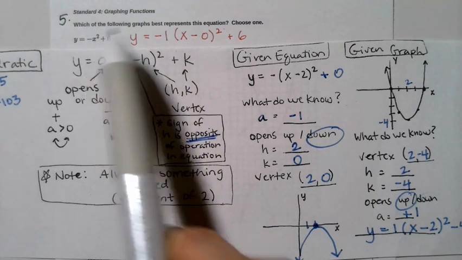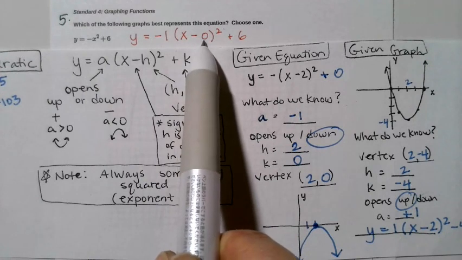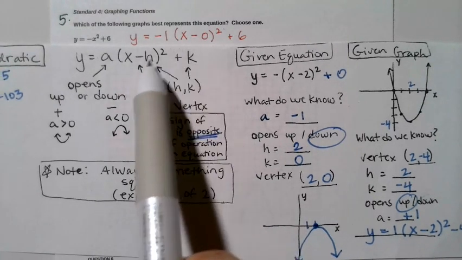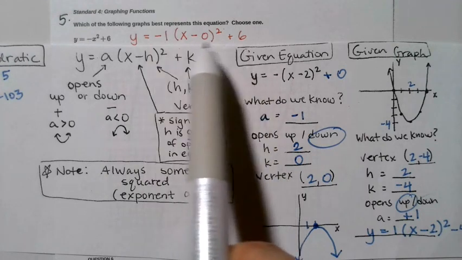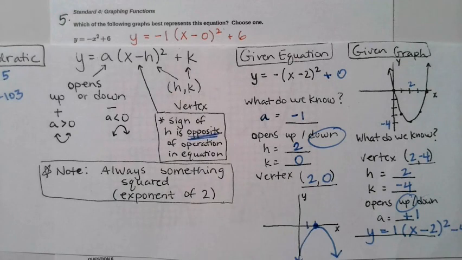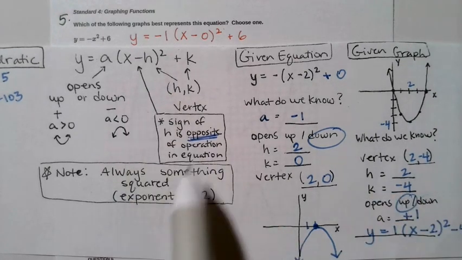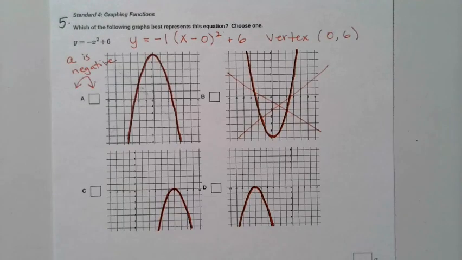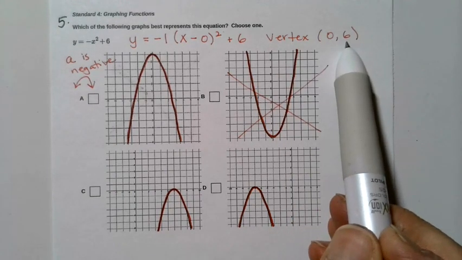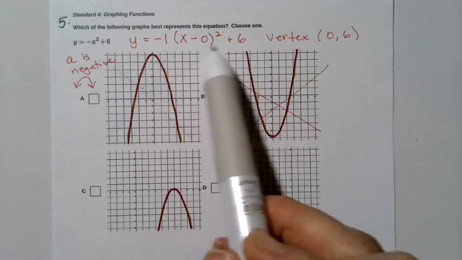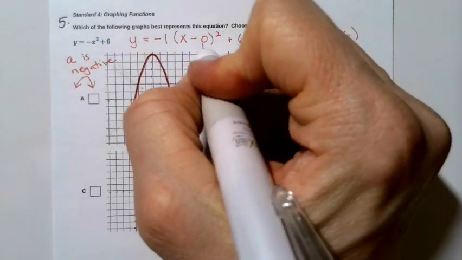So I haven't changed the value, but now I can see more concretely that my h value is 0 and that my k value is 6. I just rewrote this in a way that I can really see how things line up. So I can see that my vertex should be (0, 6), taken right from my equation, my h and my k.